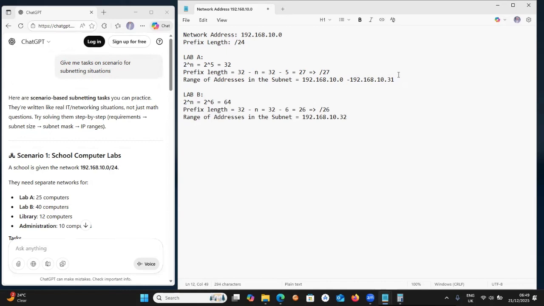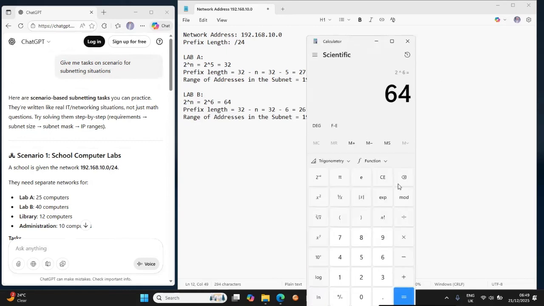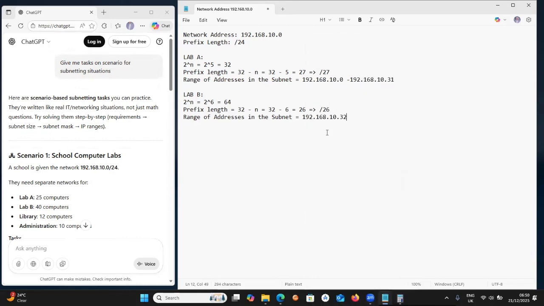If you add 64 to 31, it will give 95. So 95 should be the last number, that will be 192.168.10.95. So if you look at 32 to 95, it's going to give us 64. So that's the range of addresses that we have for lab B.